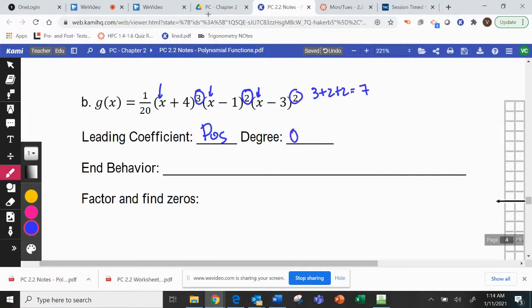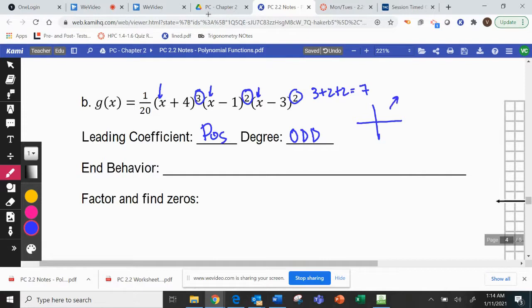Our degree is odd. Our end behavior, and this is all stuff that you should be able to do before looking at the calculator. You do get to look at the calculator to fix it, but all of this is before looking at the calculator. You will have a quiz at some point that part of it's non-calculator, and this would be on the non-calculator portion. So 3 plus 2 plus 2 equals 7, that's odd.